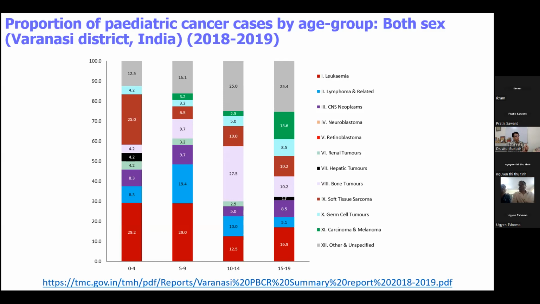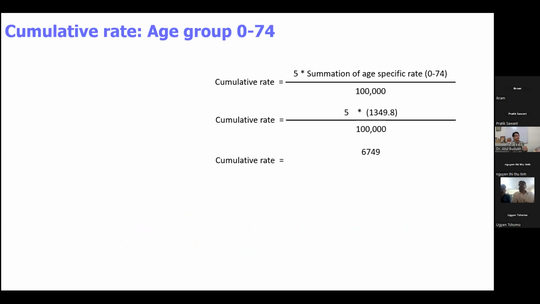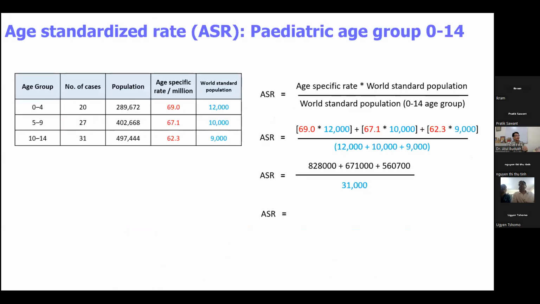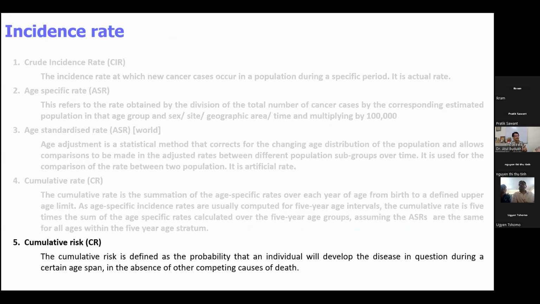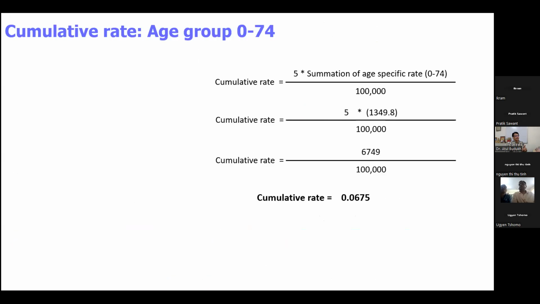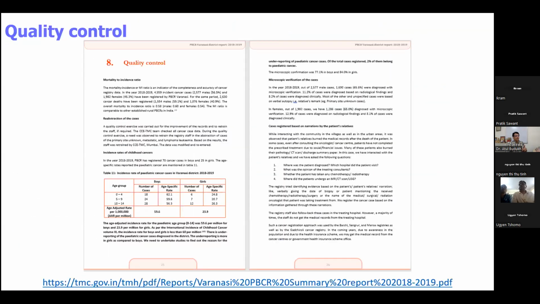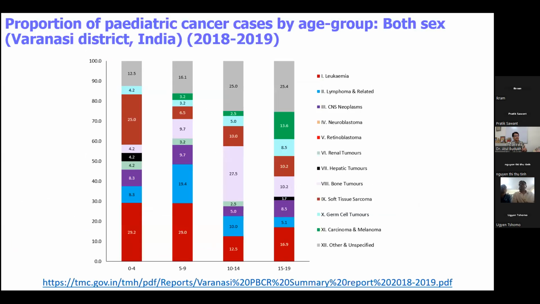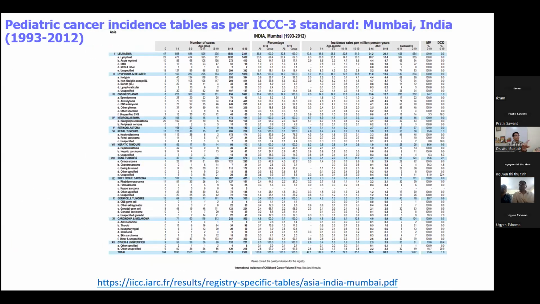Similarly, you have to do it for 0 to 4, and for the leukemias. You will understand this by practice. This is CI5, they present the data in such a way for pediatric cancer.